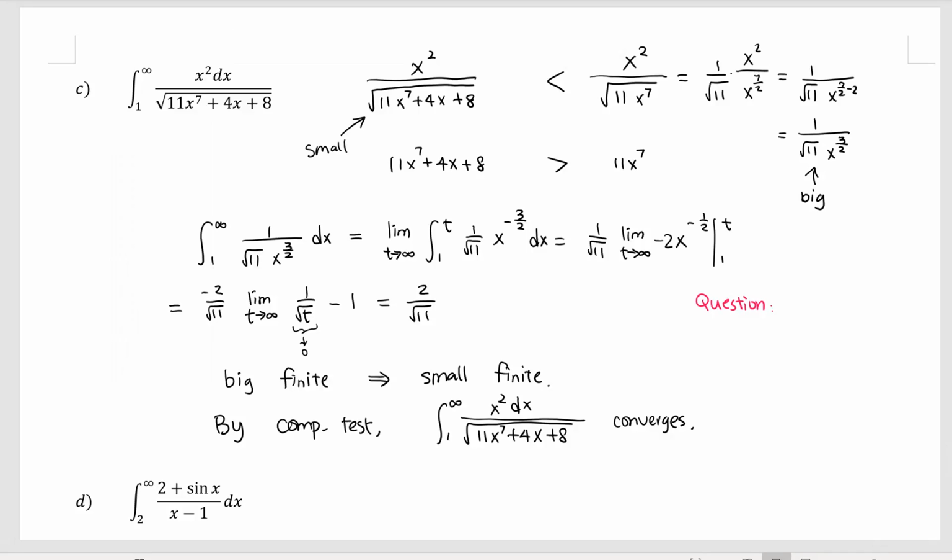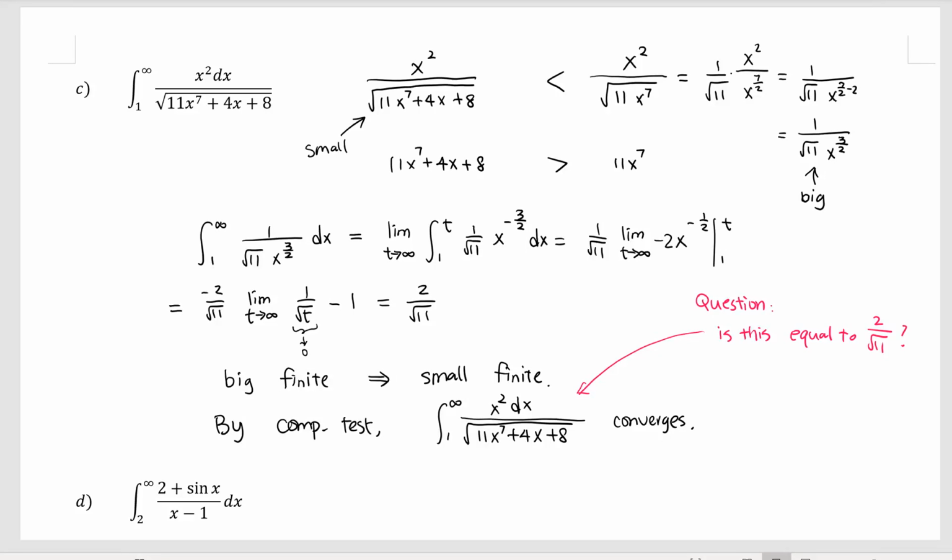We know that our integral converges. Does it converge to 2 over square root of 11?